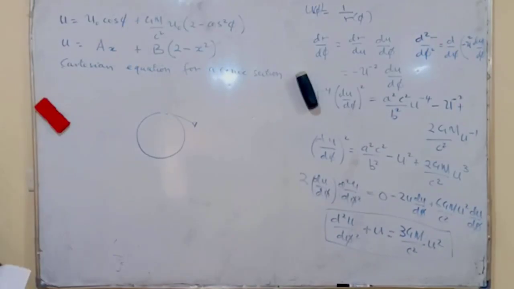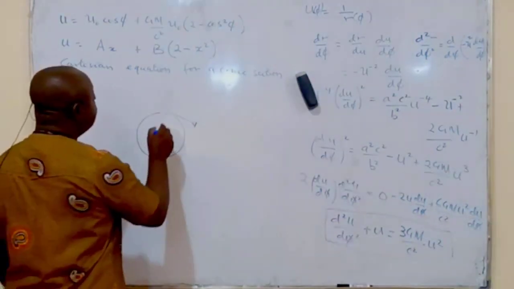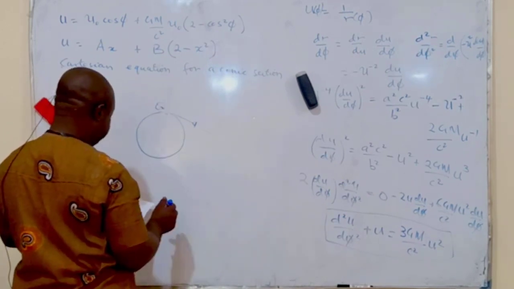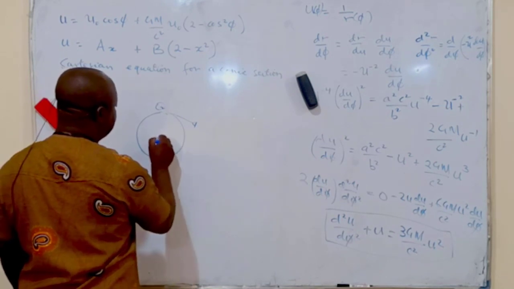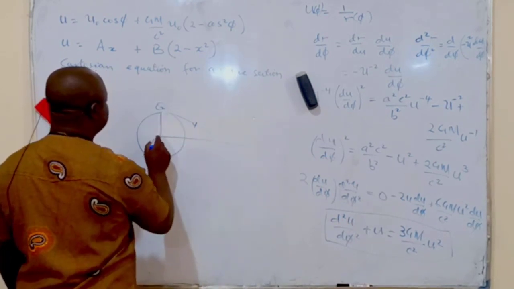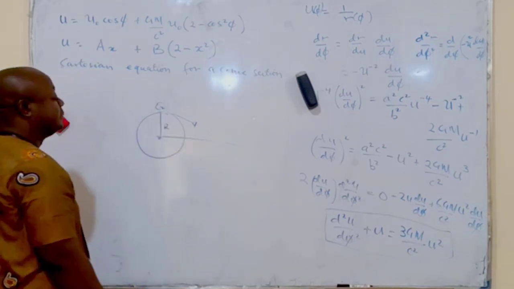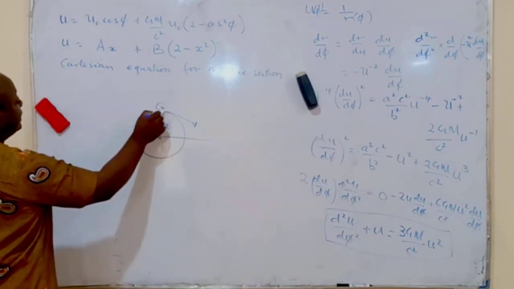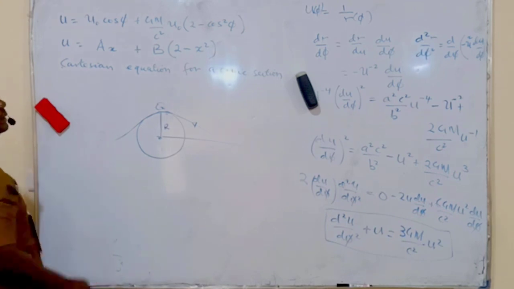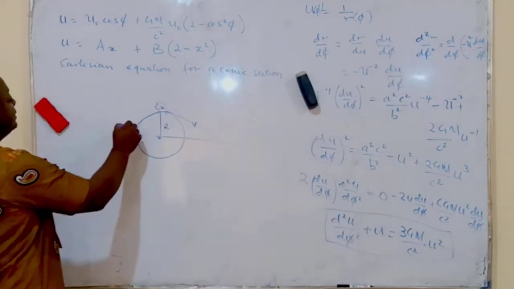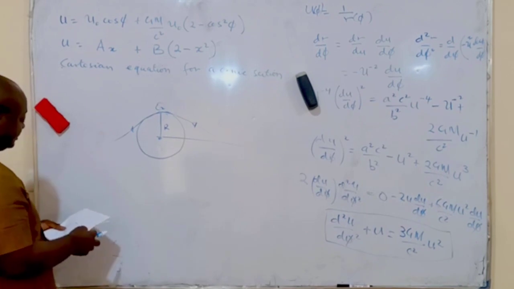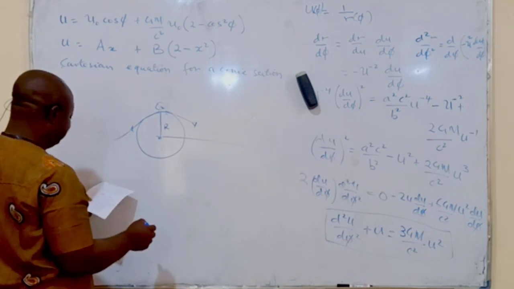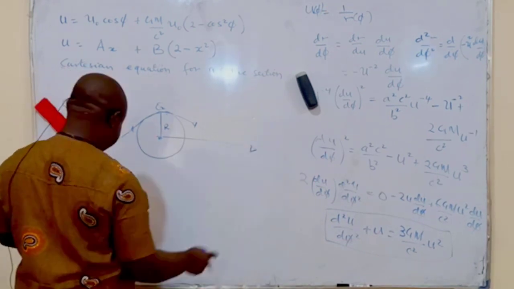Let's call this point Q, and the radius is capital R. It will come like that and take a path similar to this. Not too good in drawing.